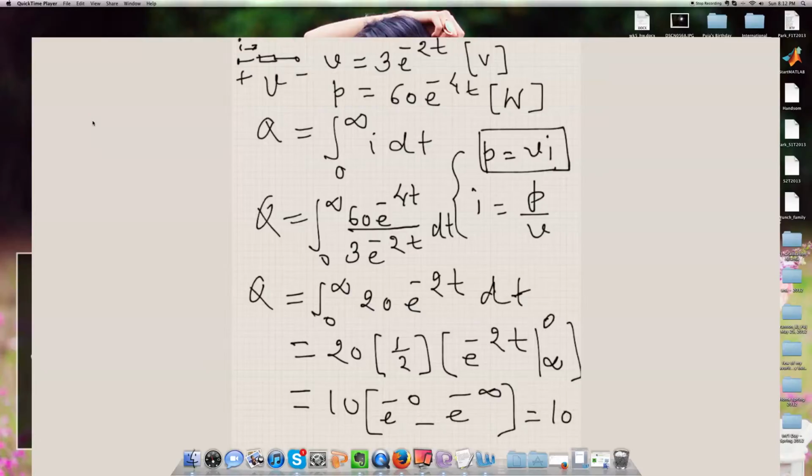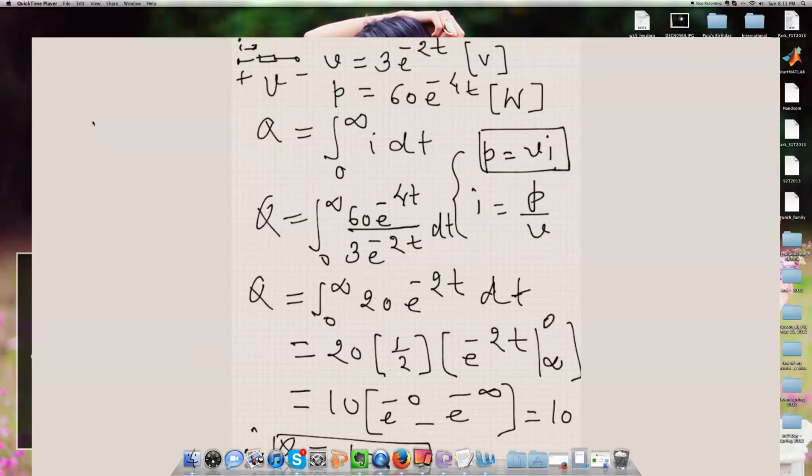Meaning the charge collected Q, starting from the time t equals 0 to a time which is very long, we wait and wait and wait, at that point in time we have the charge collected given by 10 coulomb. C is to mean coulomb. So that is the answer for this problem.